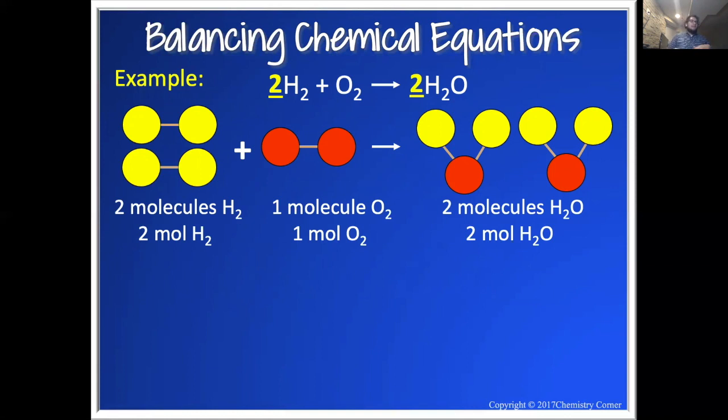You might need 2 graham crackers, 1 piece of chocolate, and 1 marshmallow to make a s'more. So if you think about them in terms of recipes, what's my favorite recipe and how much of each ingredient do I need to make one of my recipe? That's exactly how chemical equations work. So I need 2 molecules of H2 and 1 molecule of O2 to make 2 molecules of H2O.